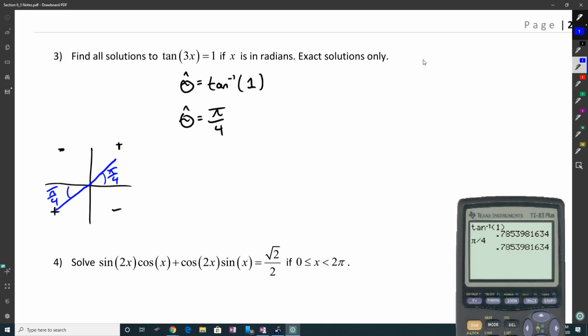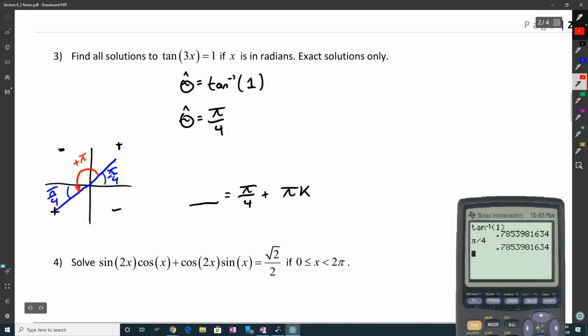Okay. Now with tangent, they're always 180 degrees apart, so you don't need 2 separate answers. So my solution is going to be, put it over here, pi over 4 plus, not 180, we're in radians, my apologies, pi k. Basically, to go from here to here, it's plus pi.